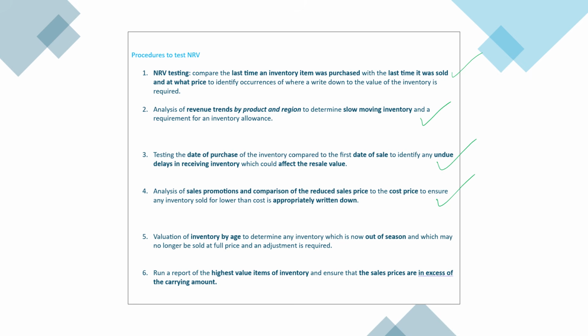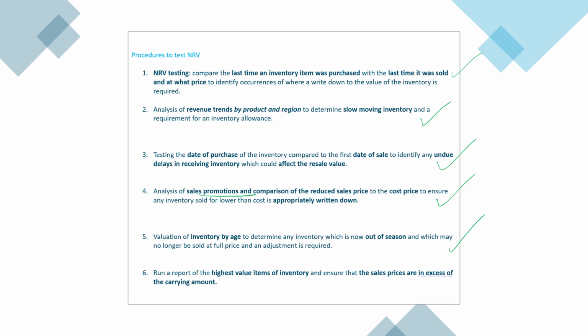Because for example, if the cost price was 100 and they're promoting that we're now selling it for 80, you would know that this needs to be written down. So prices which are being advertised in promotions could be compared to cost. So we could use the data analytics tool to identify all those promotional campaigns.